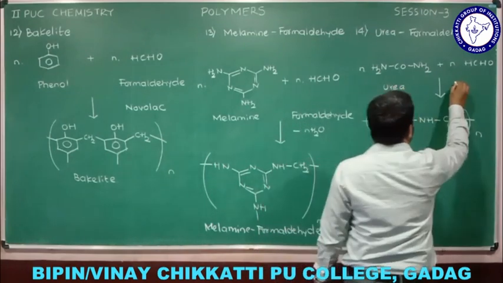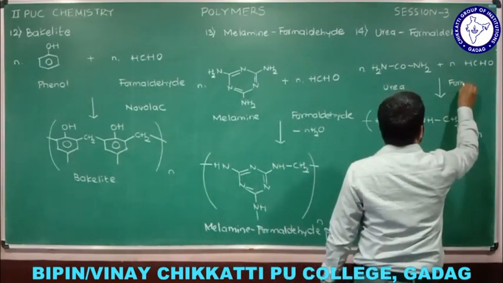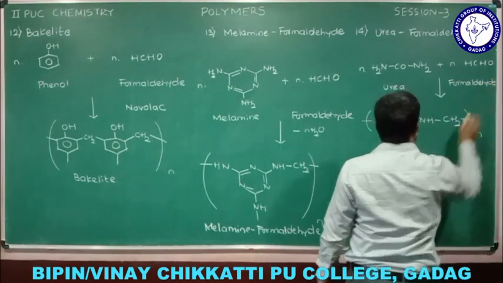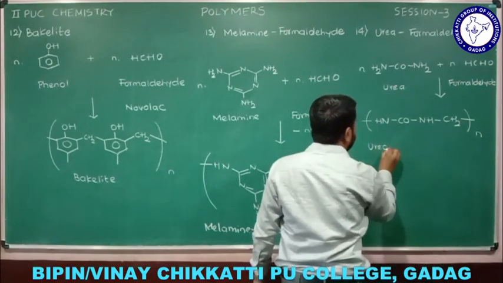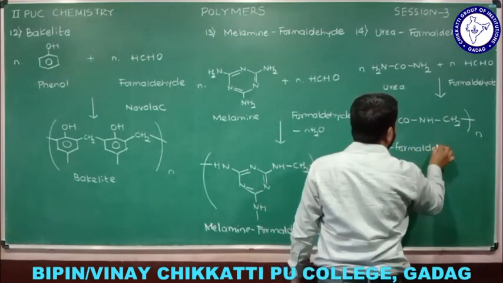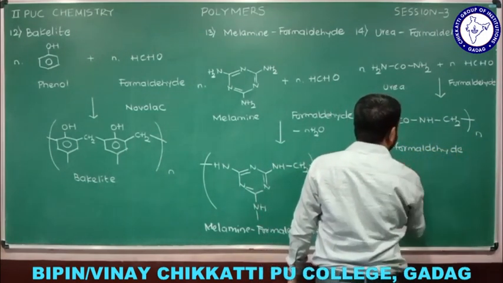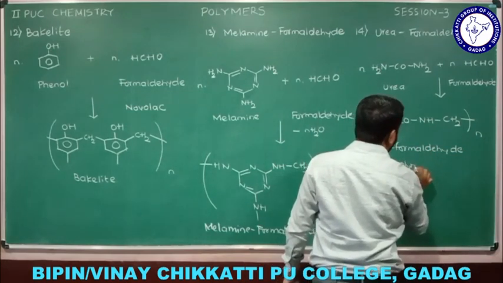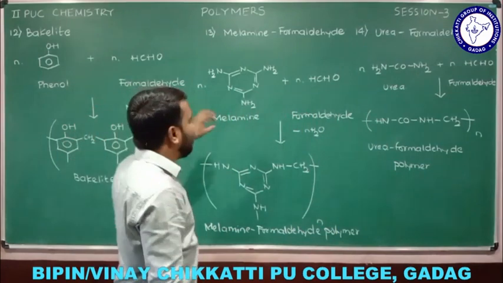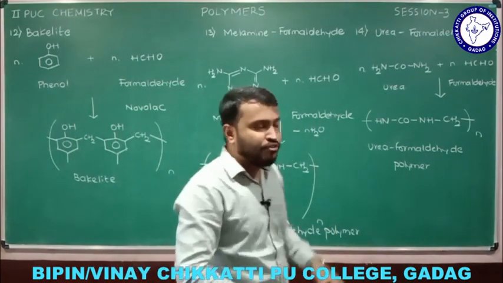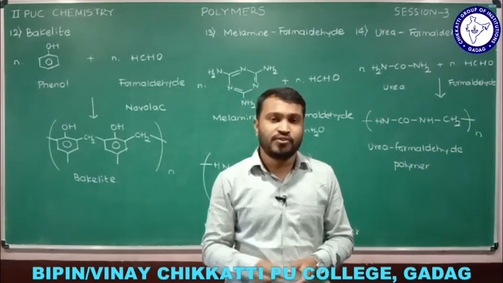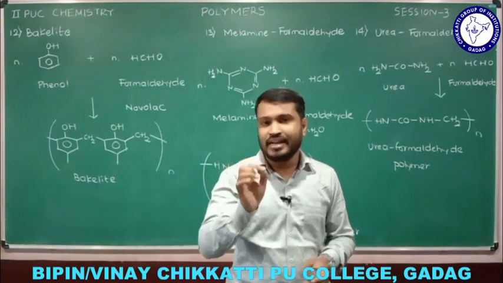So urea, and here I am going to write formaldehyde, and the name of the product will be urea formaldehyde polymer. All these three examples that I discussed, bakelite, melamine formaldehyde, and urea formaldehyde, are examples of condensation polymerization.